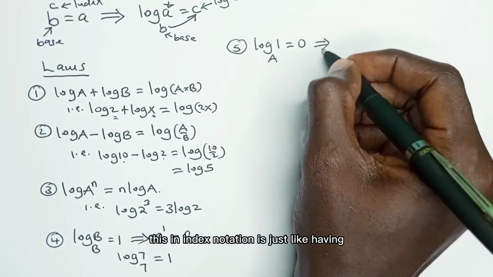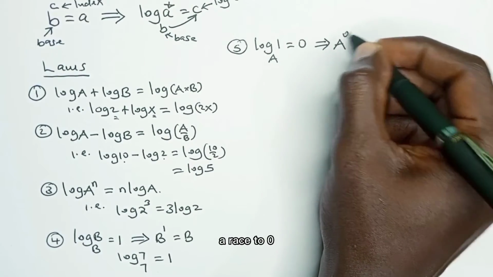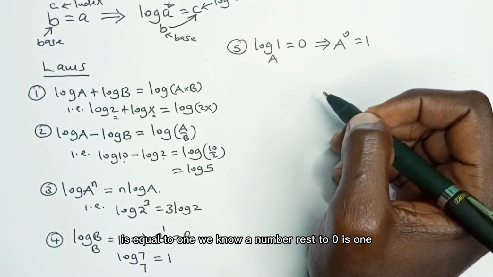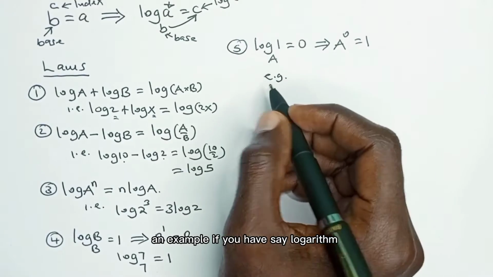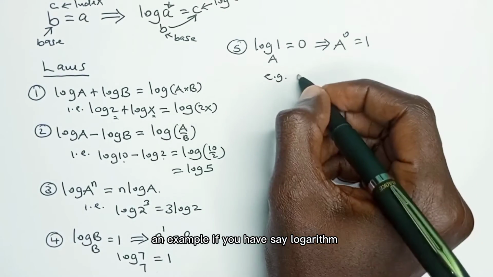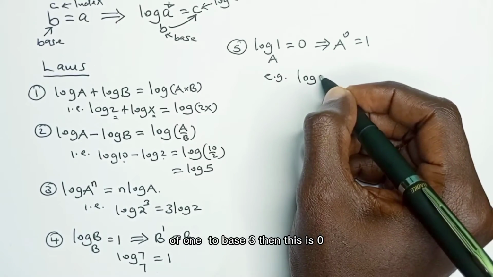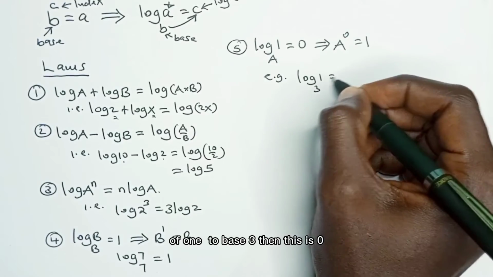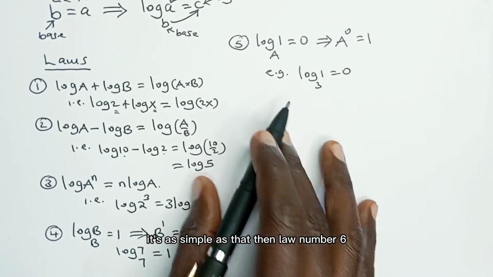This in index notation is just like having a raised to 0 is equal to 1. We know a number raised to 0 is 1. An example, if you have, say, logarithm of 1, say to base 3, then this is 0. We know 3 raised to 0 is 1. It's as simple as that.